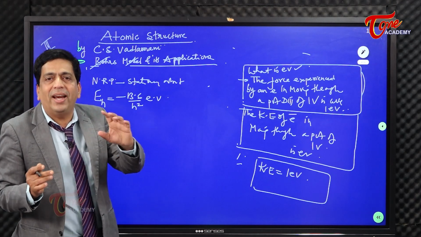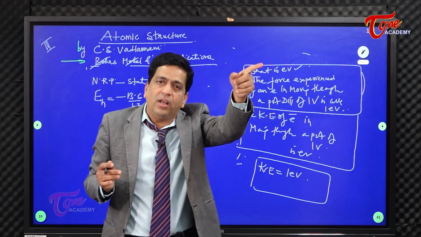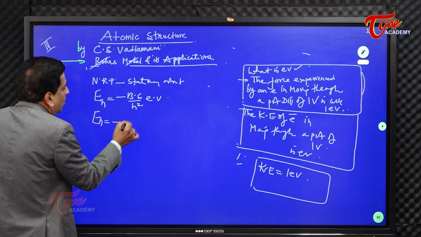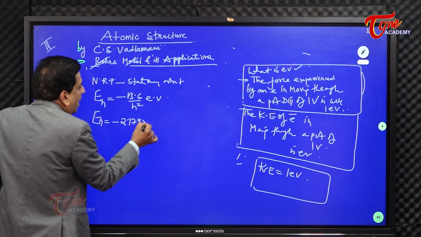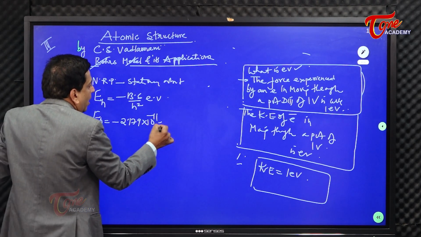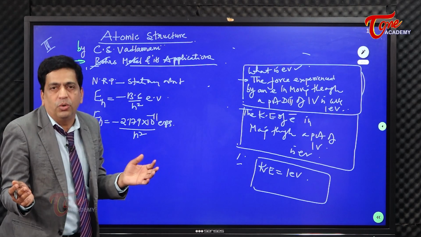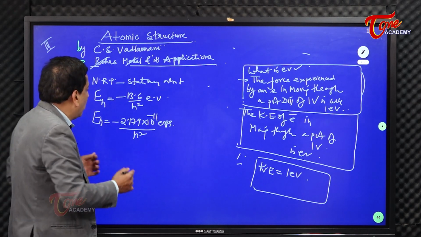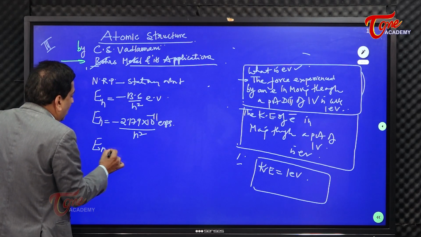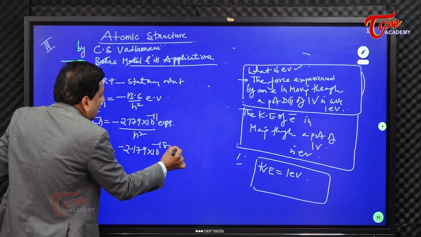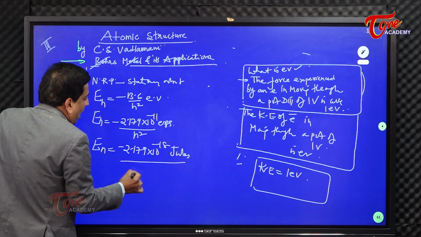N can be varying from 1 to infinity, right? Or En is equal to minus 2.178 into 10 power minus 11 ergs by n square. Ergs is also an energy unit, you must understand, right? Or otherwise, En is equal to minus 2.179 into 10 power minus 18 joules by n square.